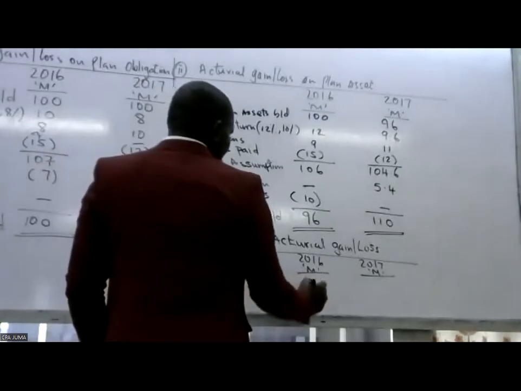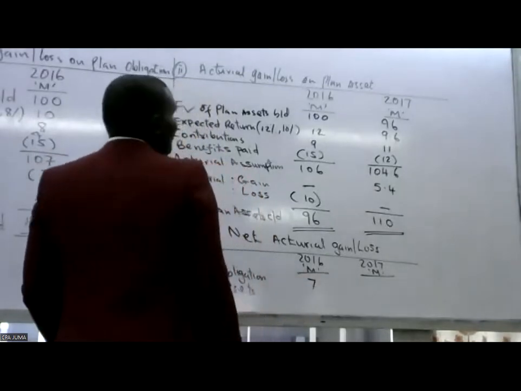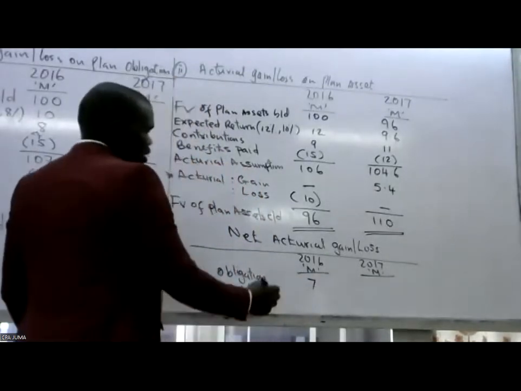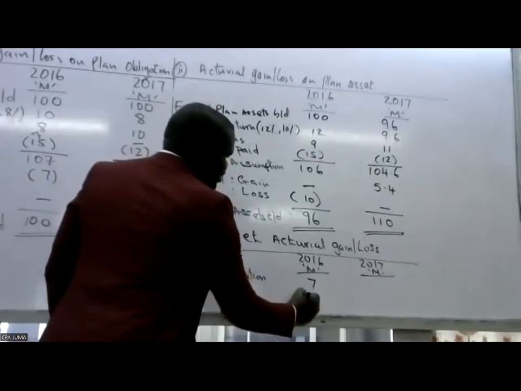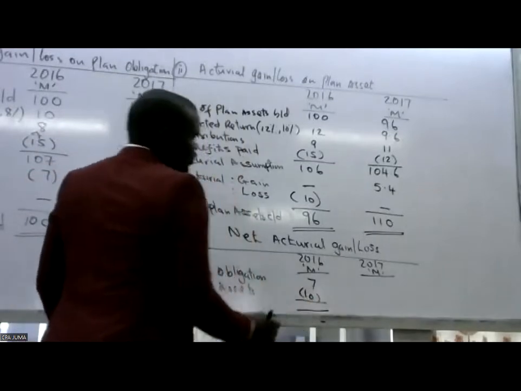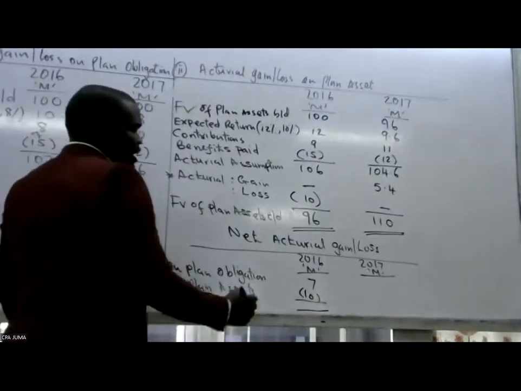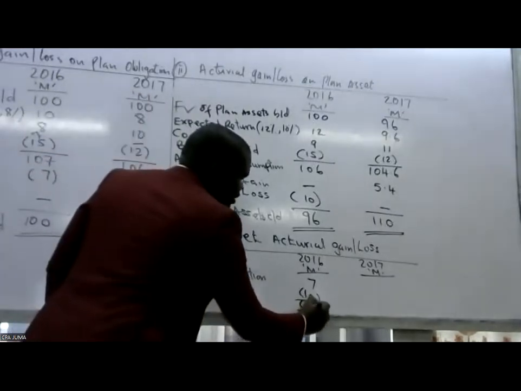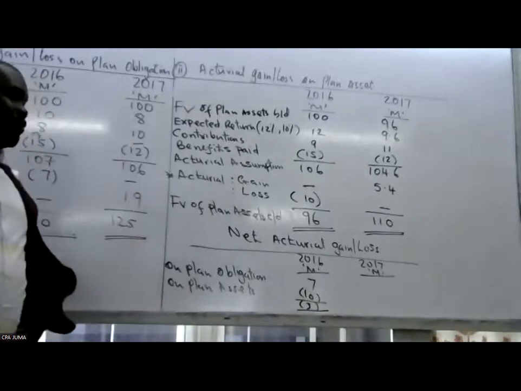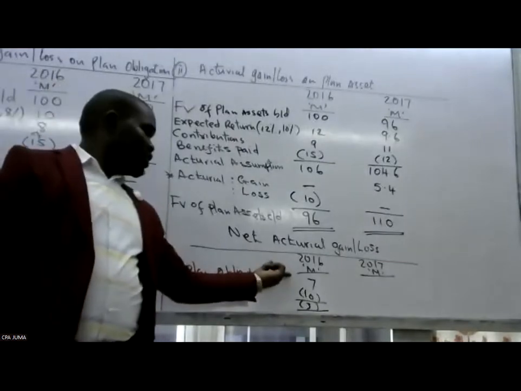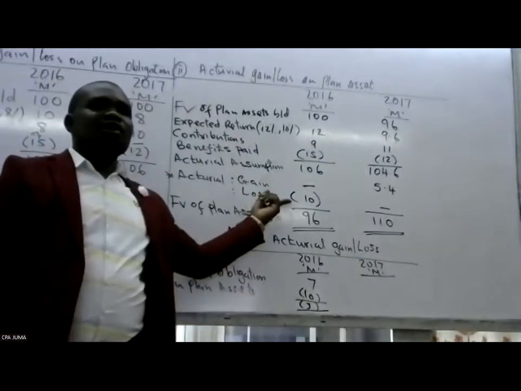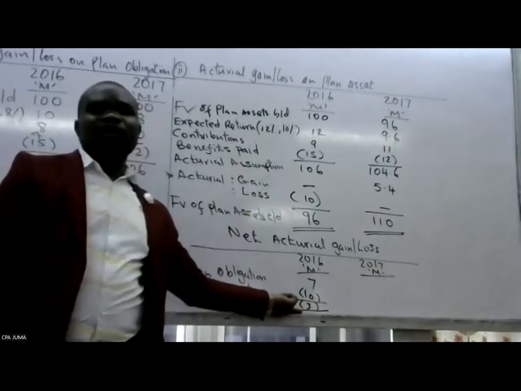We gained. Then on the asset side, we lost. So the net position remains a loss. A loss of how much? On obligations, we gained 7. On assets, we lost 10. So net is a loss of 3.